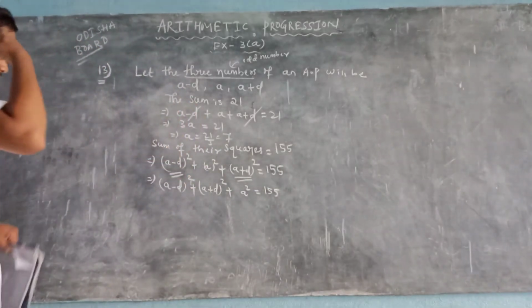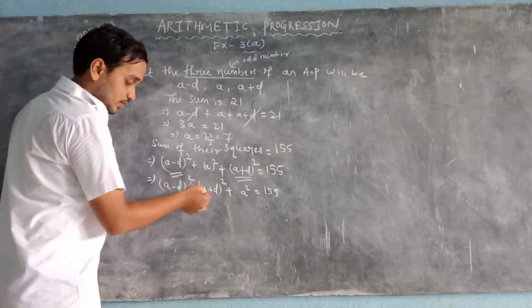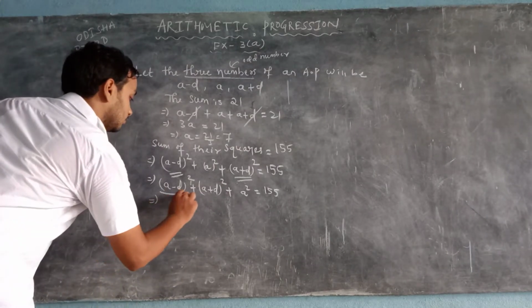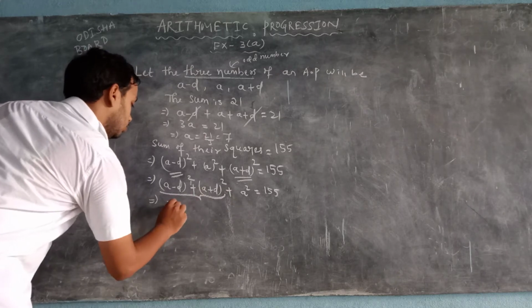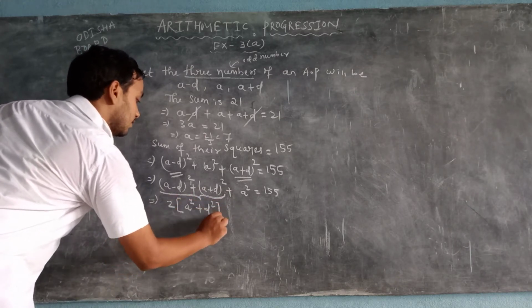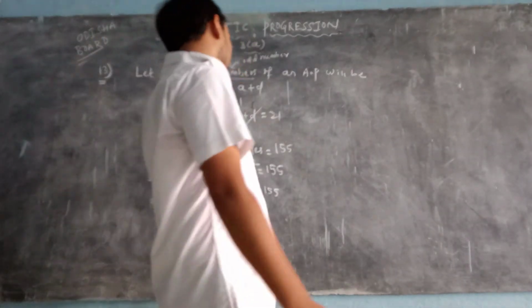The formula is 2 into a square plus b square. If there is D, it is 2 into a square plus d square.